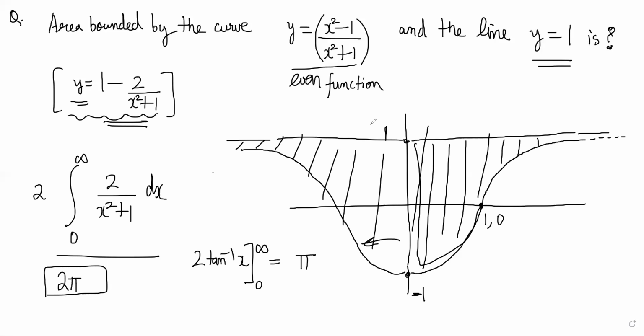What were you doing before I told this? You were drawing the graph. Generally, in area questions, it is a good idea to draw the graph, because if you don't draw the graph, you will find it difficult to understand, first of all, which function should you subtract, y1 minus y2 or what, and what are the limits and all.